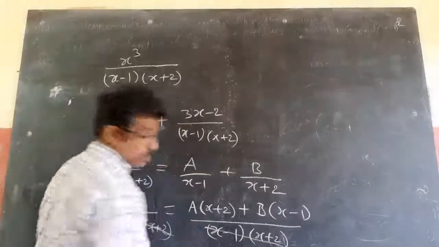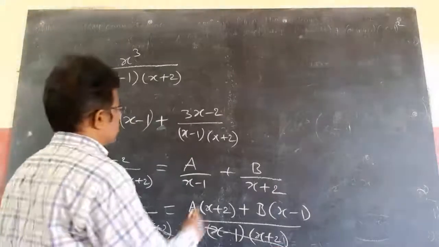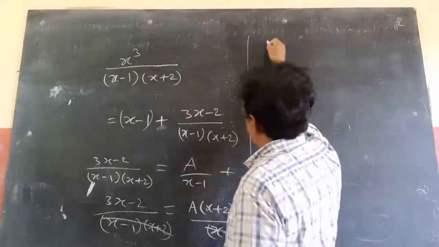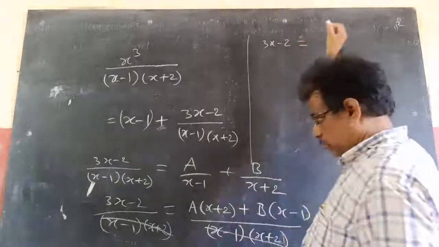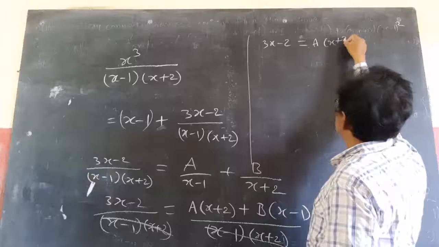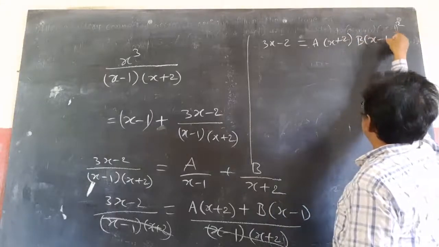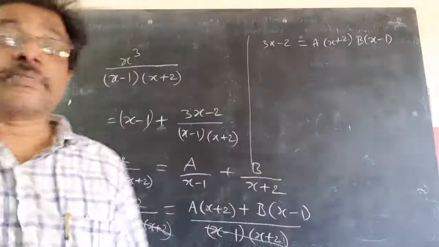Cancelling these two, left out is 3x minus 2 equal to a into x plus 2 plus b into x minus 1.